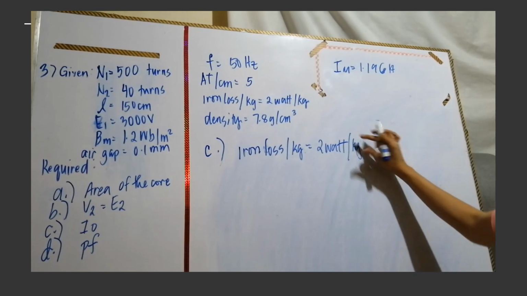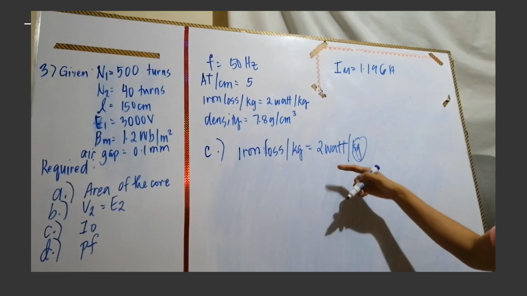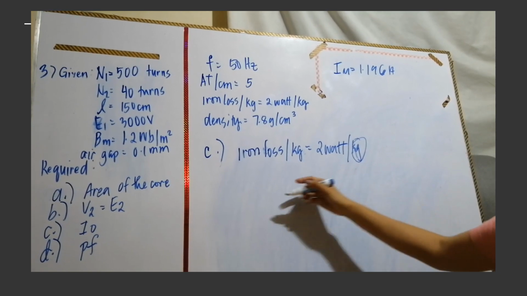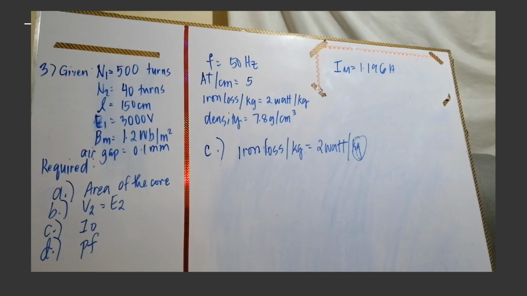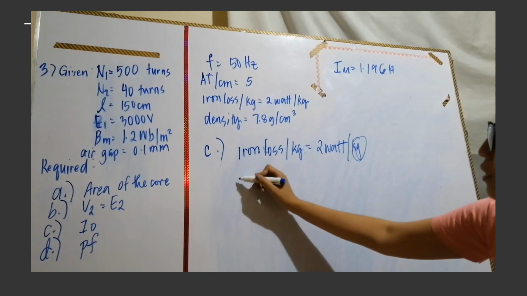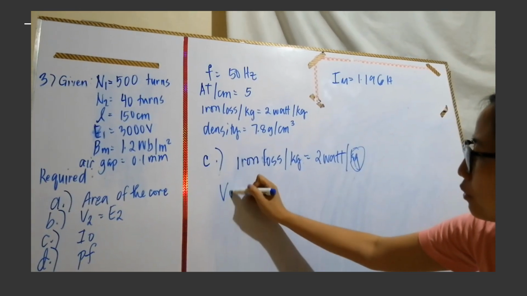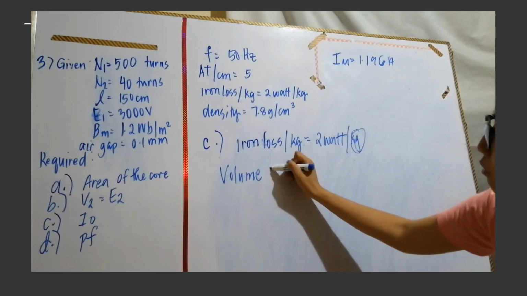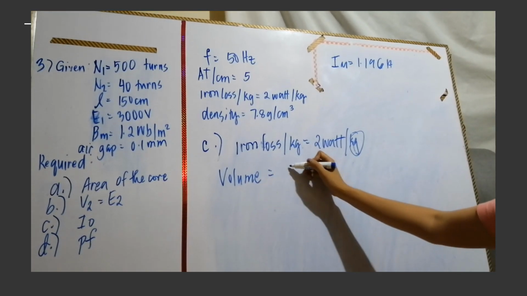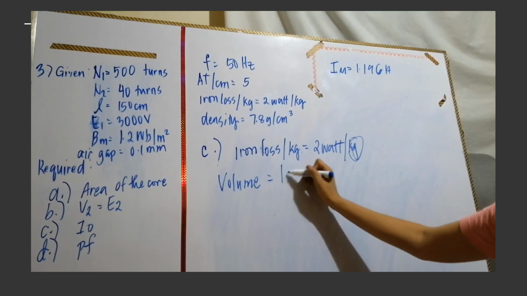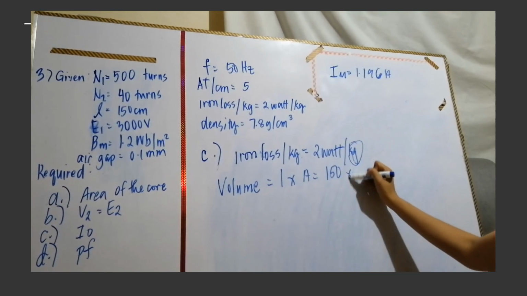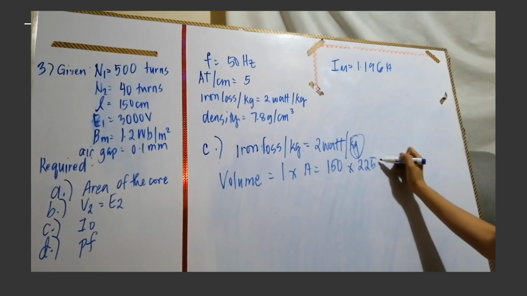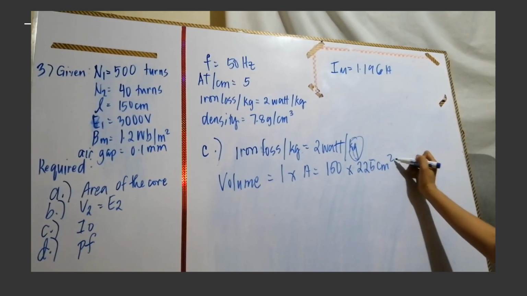So we want to remove this kilogram by solving first for the volume of the iron core and the total mass of the iron. So the volume would be the length times the area, which is 150 times 225 centimeter squared.